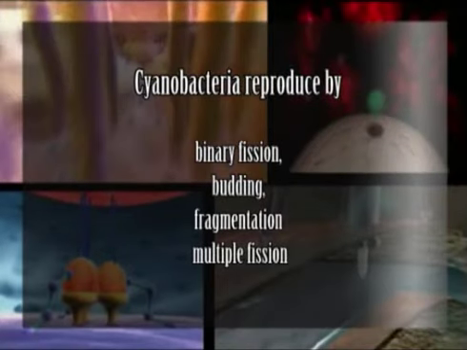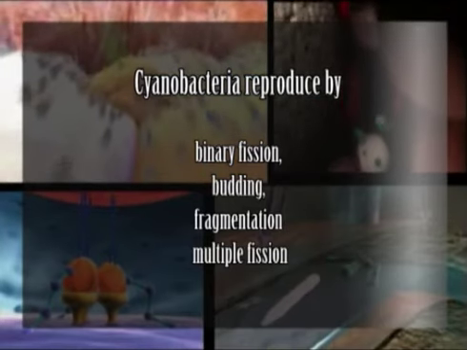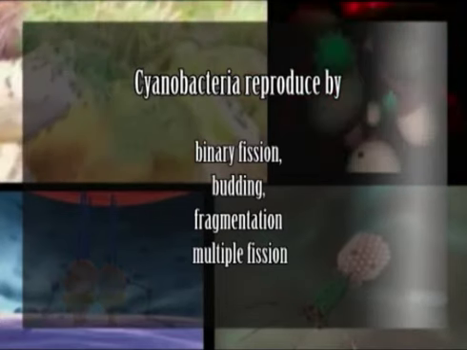Cyanobacteria lack flagella, but due to the presence of gas vesicles, they show vertical movements in water. Some filamentous forms show gliding movements. Cyanobacteria reproduce by a variety of mechanisms such as binary fission, budding, fragmentation, and multiple fission.